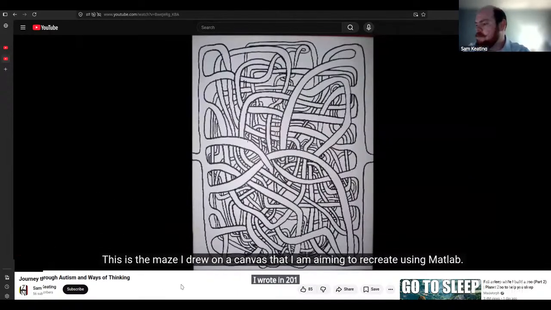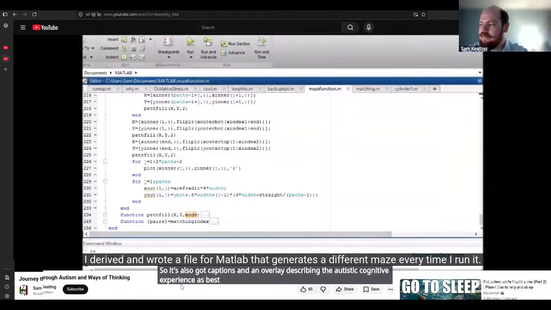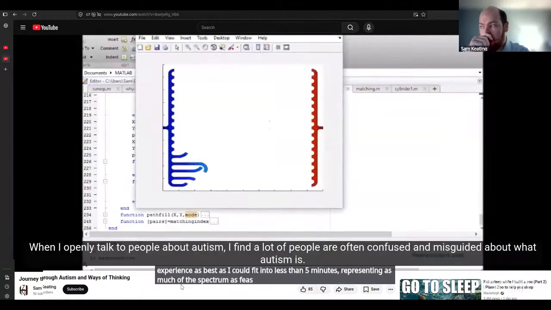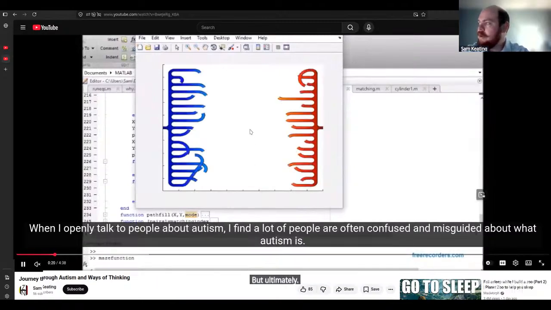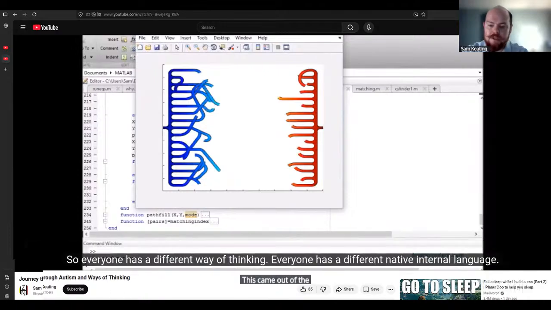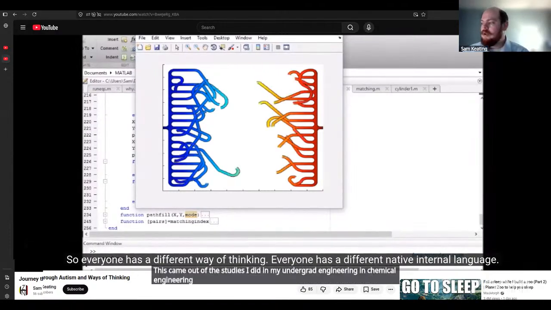So it's also got captions and an overlay describing the autistic cognitive experience as best as I could fit into less than 5 minutes, representing as much of the spectrum as feasible.